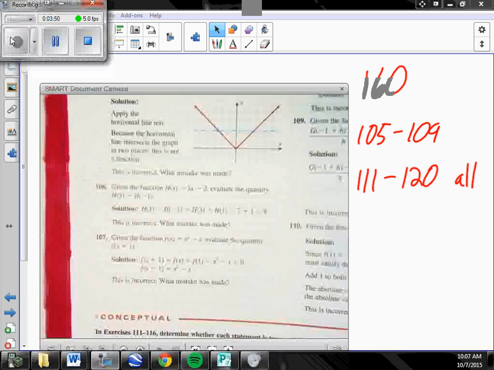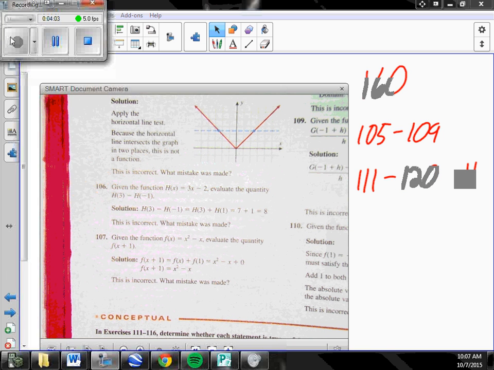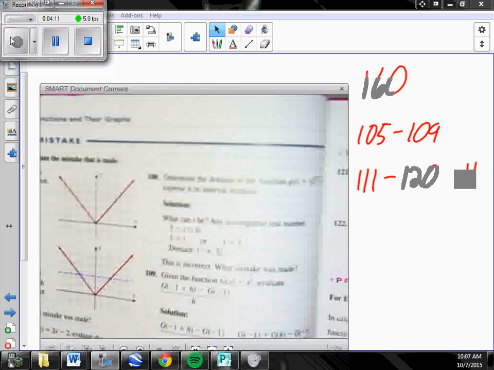Okay? 107, what's the mistake? So is f of x plus 1 the same as f of x plus f of 1? Not even close. So that is not allowed. Okay, 108.